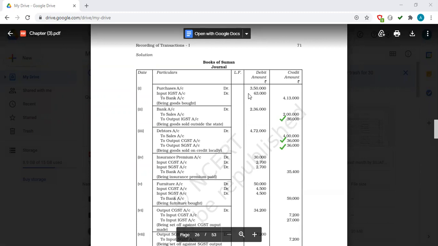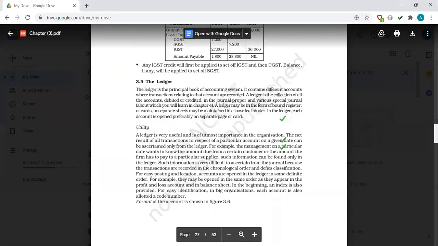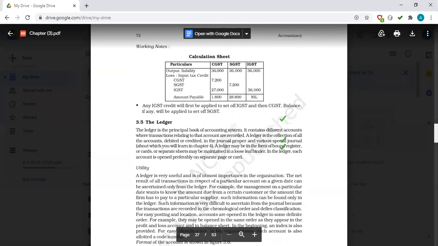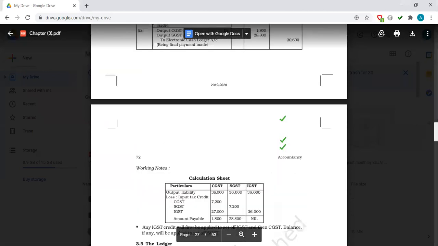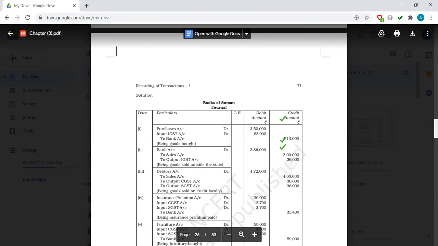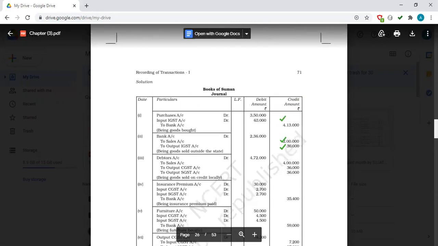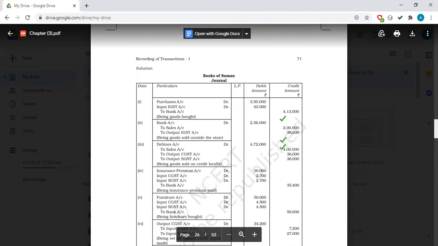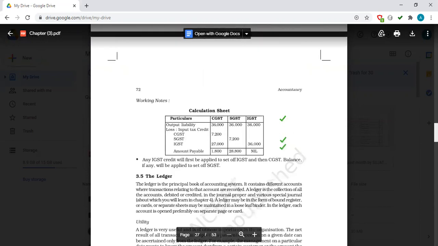So go to input IGST. Input CGST is 2,700. You can see it is deducted.